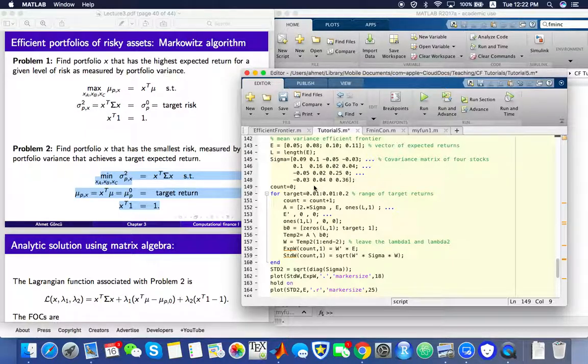And basically then I'm going to change the target return on a grid. I'm going to define this range of target returns, let's say starting from 1% all the way to 20%, or you can slightly change this range, it's okay. And at every iteration, I want to increase my target return by 1%. Okay, so if you want more points on your efficient frontier, you can make this a finer grid.